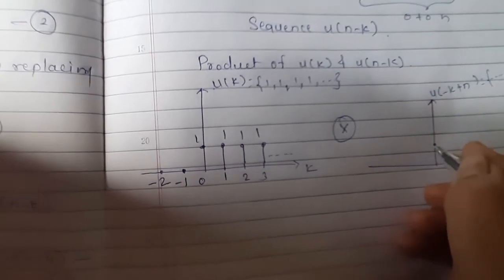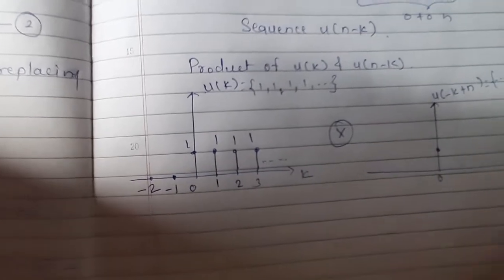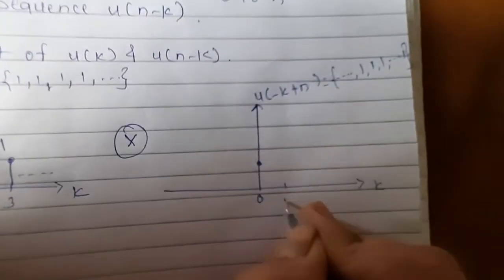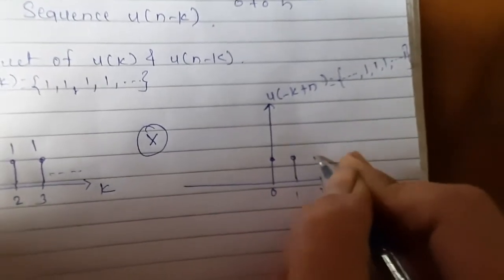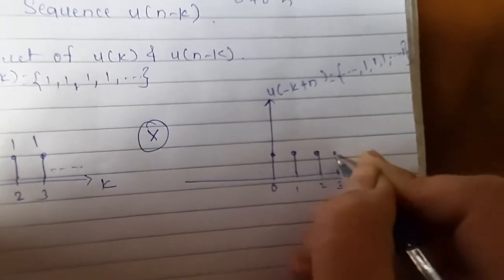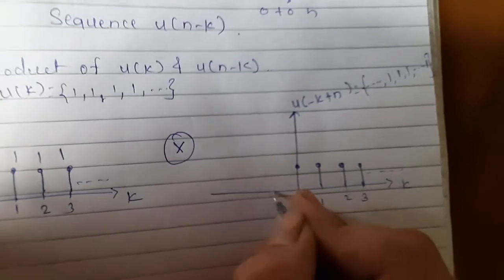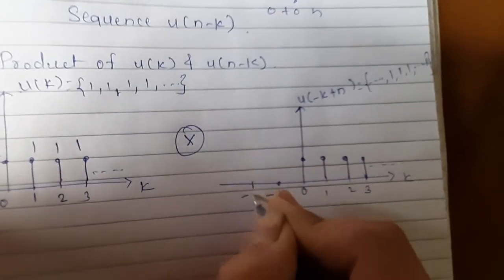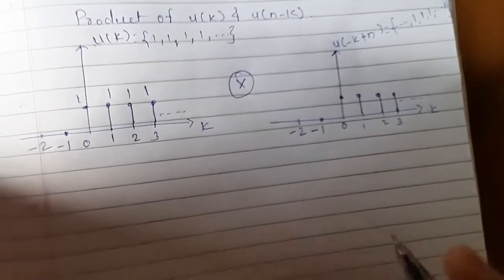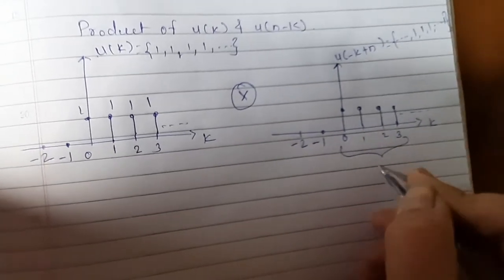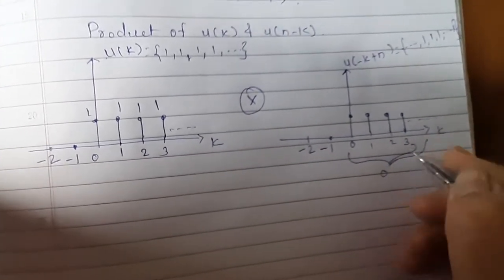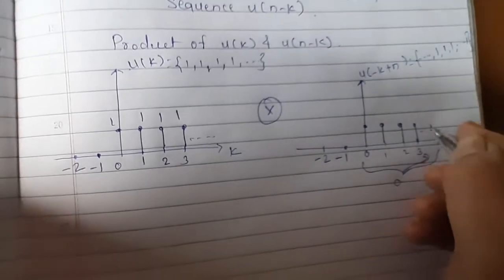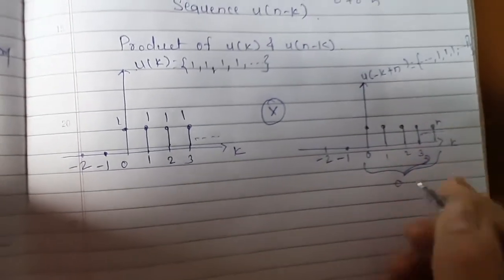So it is 0, 1 2 3. This is 0 to n. This is n dot dot dot.